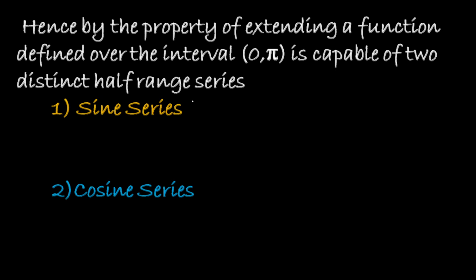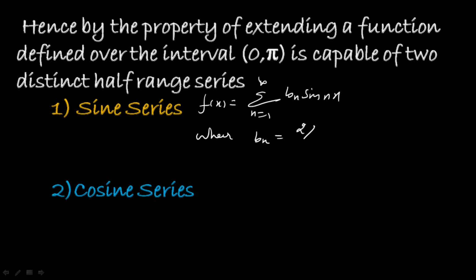So sine series means it consists of sine terms alone, because in sine series the values of a0 and an become 0. So your general Fourier series is of the form f of x equal to sigma n varies from 1 to infinity bn sine nx, where bn is calculated using the formula 2 by pi integral 0 to pi f of x sine nx dx.